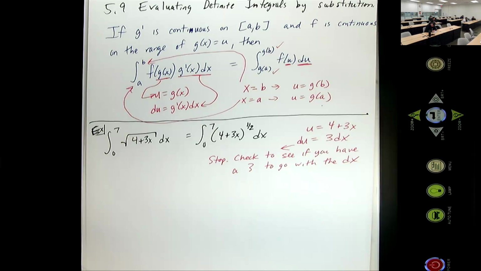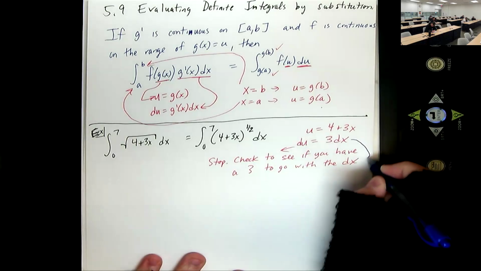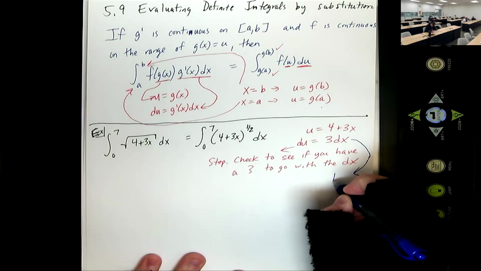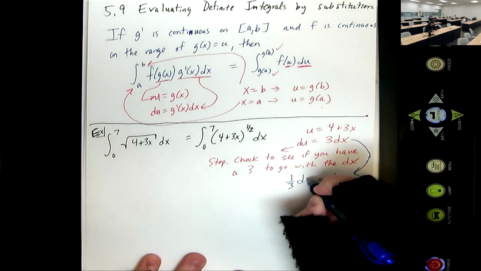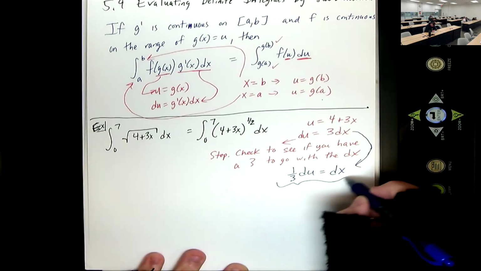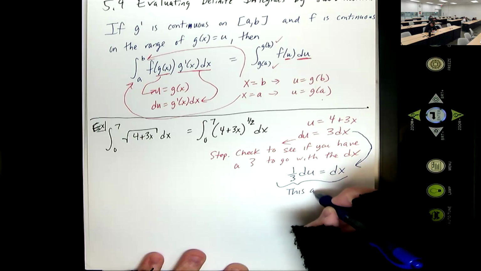It also always works to get dx by itself by dividing by 3 or multiplying by the reciprocal. This also always works.